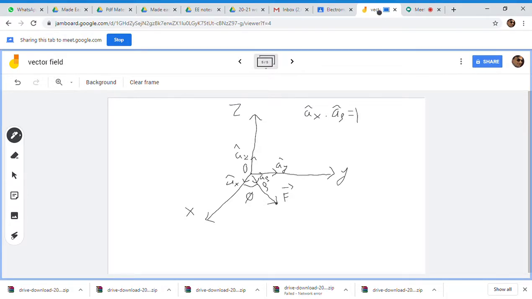It means mod of unit vector ax, mod of unit vector a rho, and the angle between these two, which is cos phi. Phi is the angle between these two vectors, so this will give you cos phi.